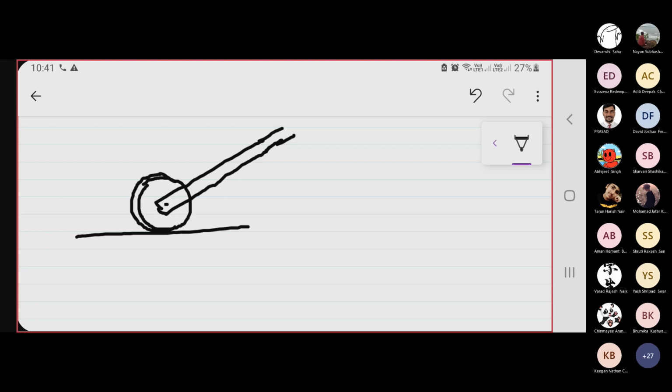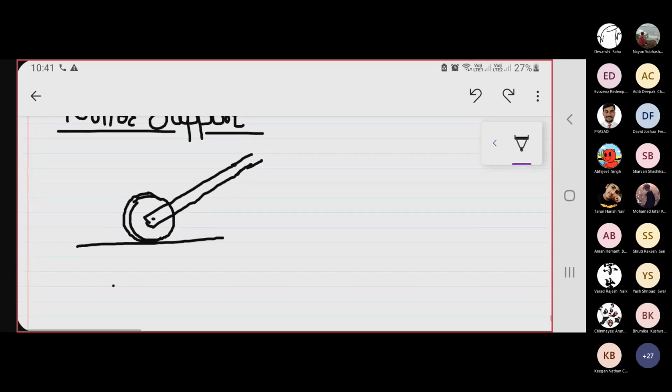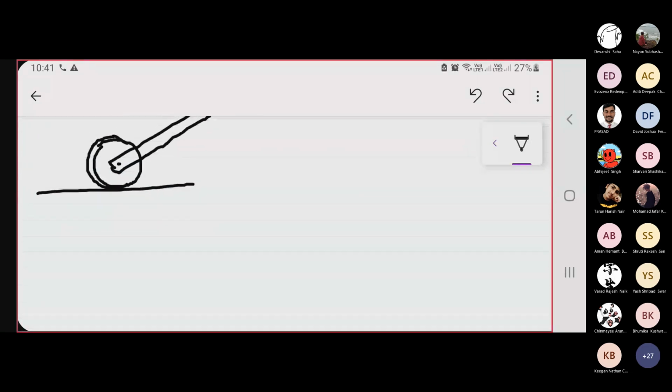Why? Because this stick can move anywhere. You can move upward, you can go forward, you can come backward. All these things you can do using this support. So this is called a roller support.